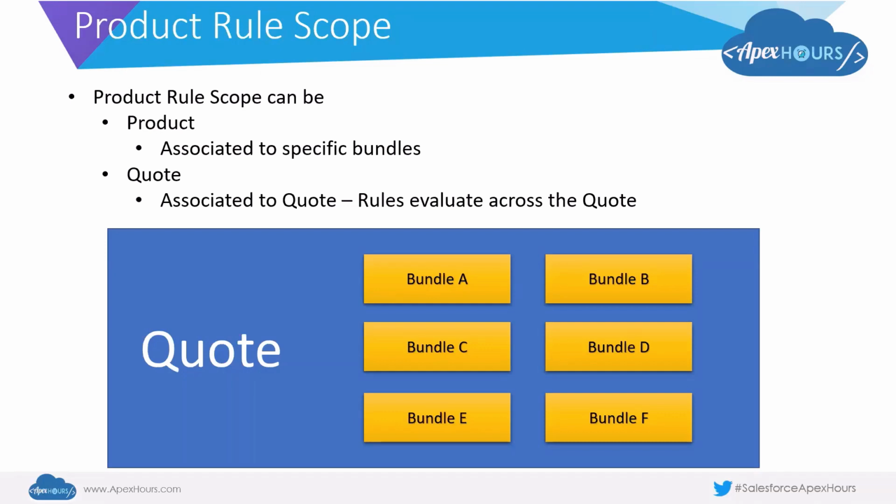In such cases, you need to use the quote scoped rules. If we need to look across multiple bundles, the only way to do that is using the quote scoped rules. Product rules, however, can look deeper within the bundle and scope. So for example, if bundle A has nested bundles within, then we can use product scoped rules to take care of that.